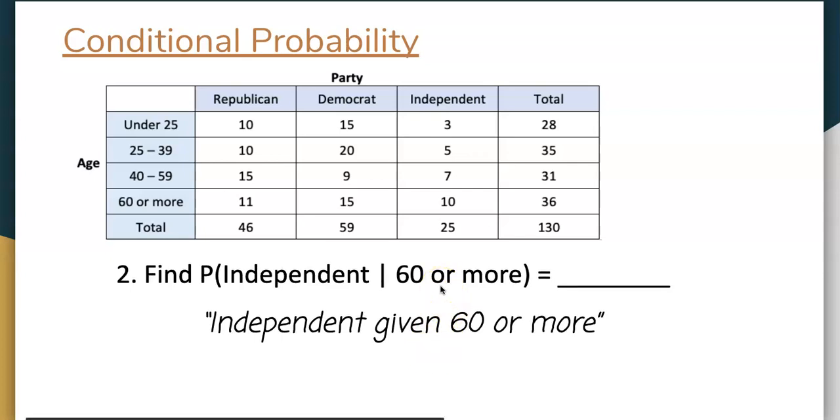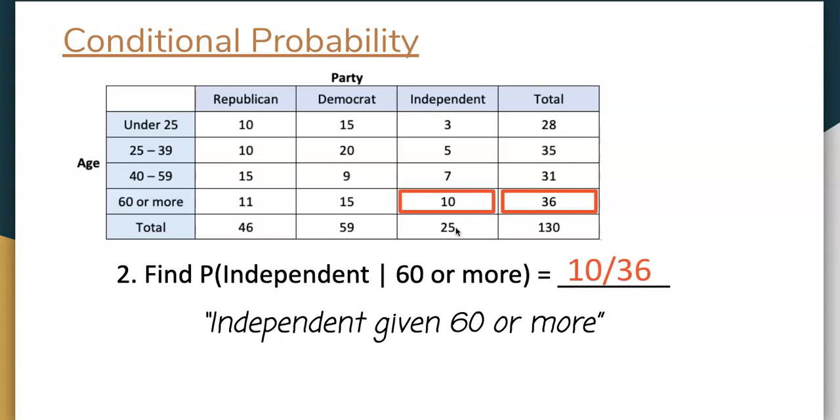So what do you think the denominator for this probability is? It's not going to be 130. Tell me how many people were 60 or older. 36. So we're looking at out of 36, how many of them were independent? And that number is 10. Therefore, that probability is going to be 10 over 36.